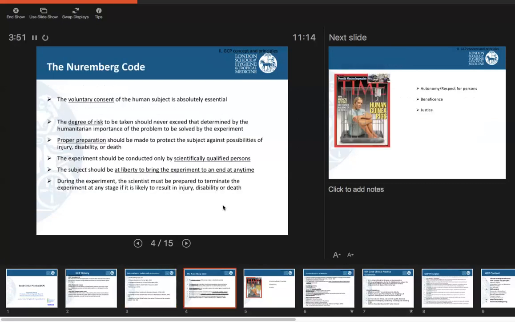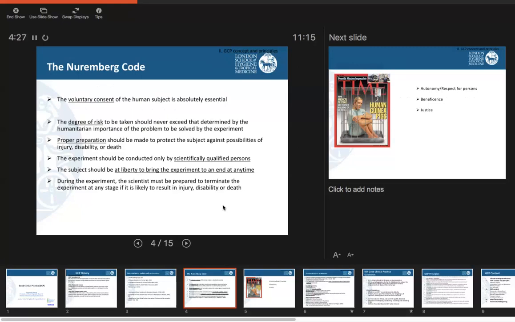So what are the elements that eventually became the GCP? From the Nuremberg Code, we realized that there were many human subjects that had no rights to negotiate whether they take part in a trial or not. And so the idea of voluntary consent, that they must give their consent to be in a trial free of any coercion, right?